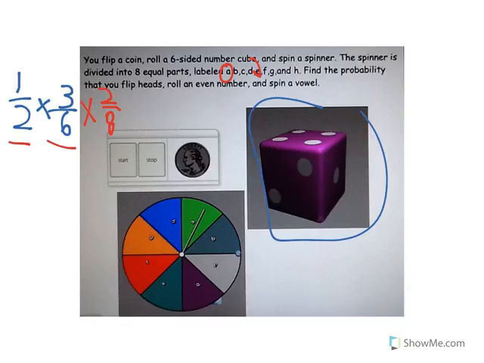This is 1 out of 2 for flipping heads, and 2 out of 8 for spinning a vowel.